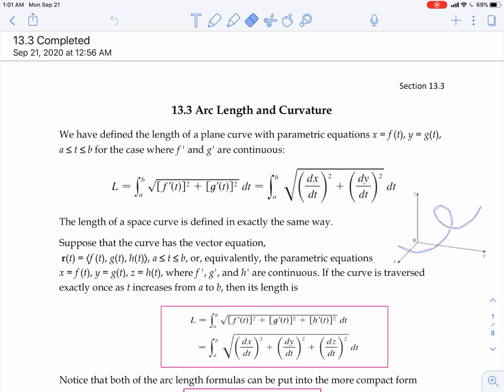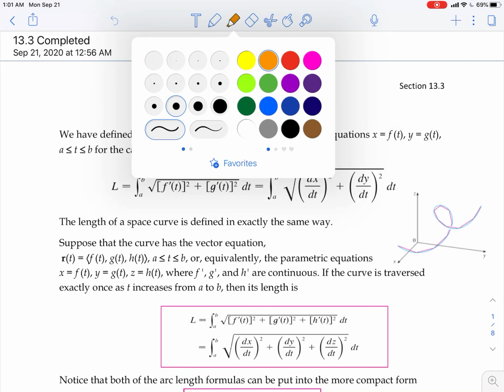Closer towards the end of Calculus 2, you were able to find the length or the distance of a curve given two parametric equations, and that's basically what we're doing here. But instead of just doing it with two parametric equations, now we're extending that to three dimensions. So we're finding the length of a curve in three-dimensional space.